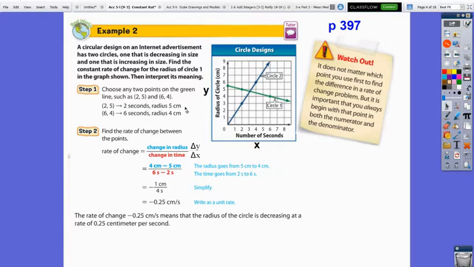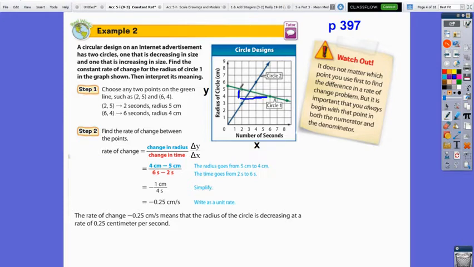And so the way to find the constant rate of change from a graph is to pick 2 points on the graph and find the change in y, which would be this vertical change here between these 2 points, and divide it by the change in x, which is this horizontal change between the 2 points. And we'll talk more about that in the next part of the lesson.